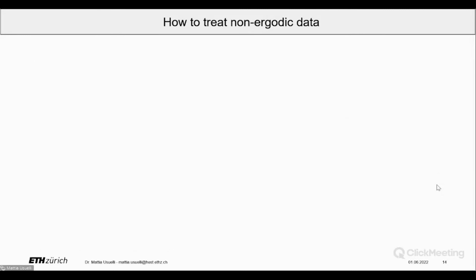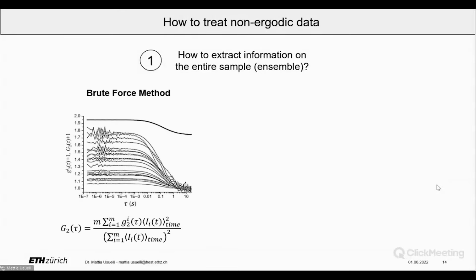Here we are: how to treat the non-ergodic data. So first point, before we were asking 2 different questions. The first question was, how do we extract information on the entire sample, the ensemble itself? Actually, the first method that we can think about is the brute force method. We can say, okay, sample, you are non-ergodic, I'm going to deal with you properly. It means that I make a measurement in one specific location.